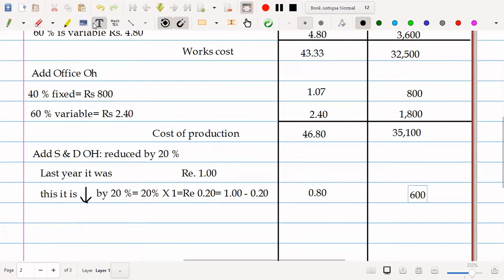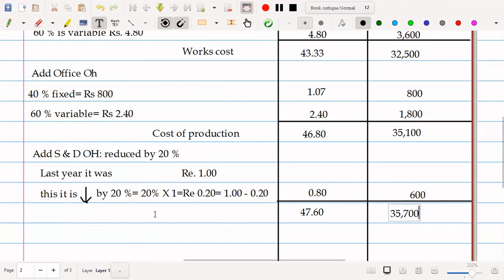Now let's total this first. The total is 47 rupees 60 paise, and this total will be 35,700.